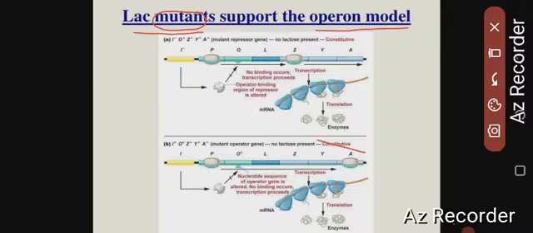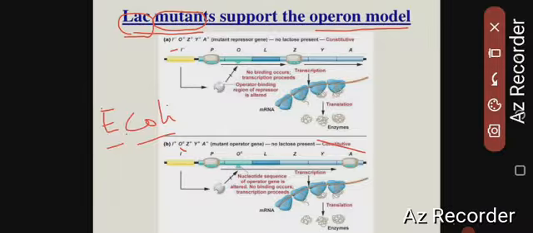Here is the lac operon, and its regulators were first characterized by studying mutants of E. coli, Escherichia coli, that exhibited various abnormalities in lactose metabolism. Some mutants like I negative, or Oc, are such mutants.